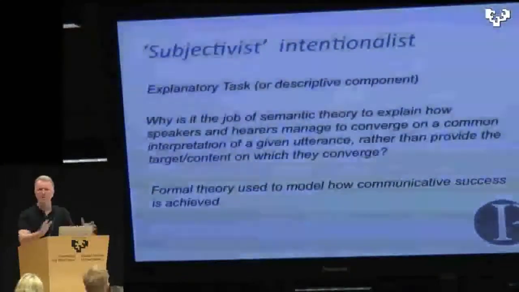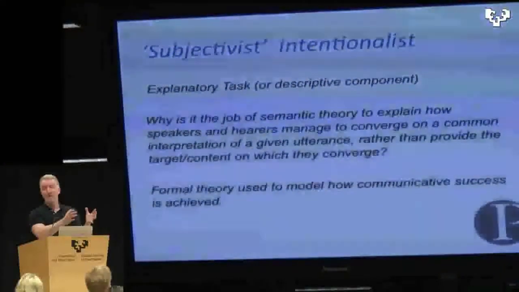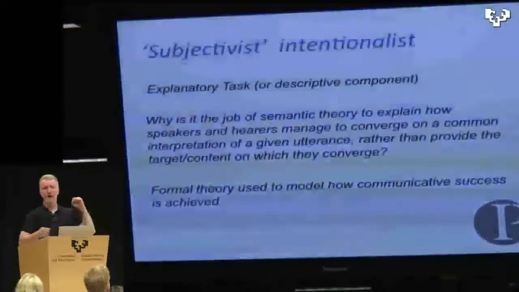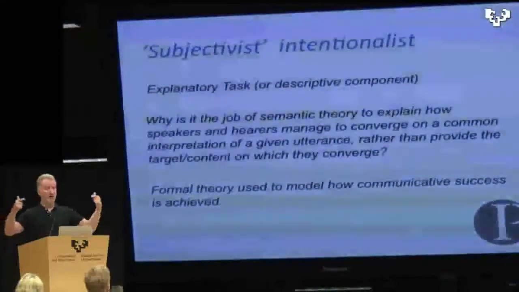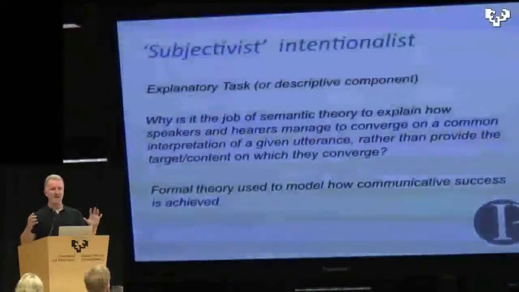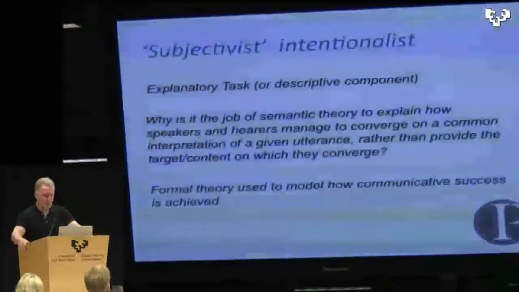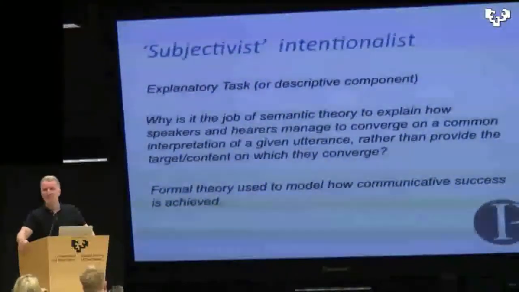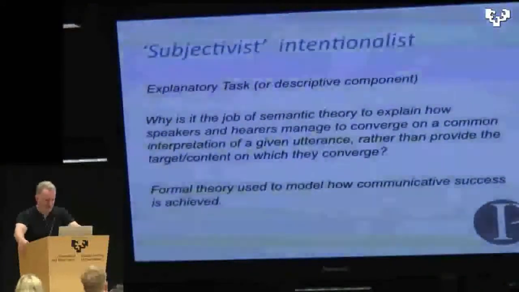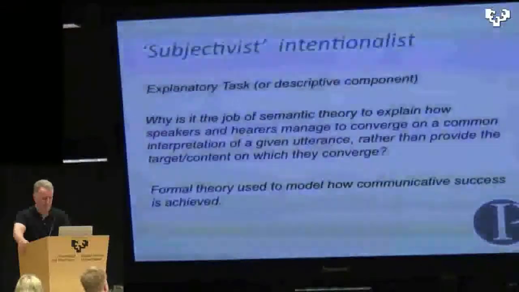So maybe instead we want the semantic theory to talk about what people might converge on, what they might actually fix on when they converge, when they communicate, rather than thinking semantic content is, as it were, the result of such convergence of their intentions or other mental states. Okay, but here's what you actually say.